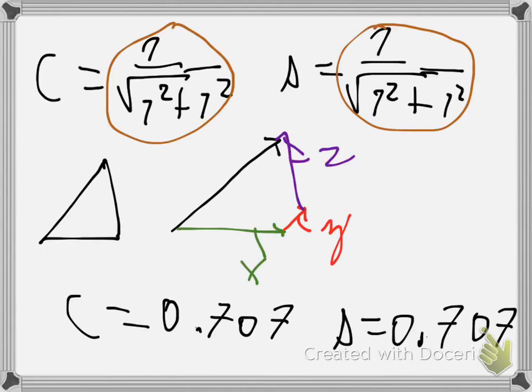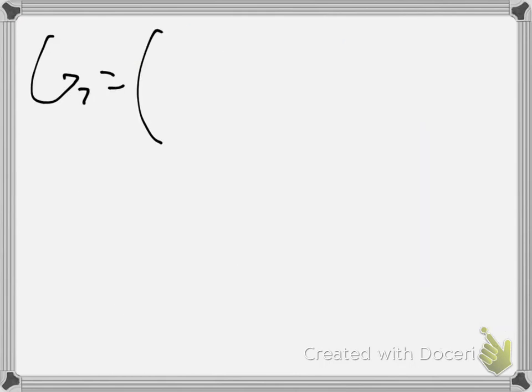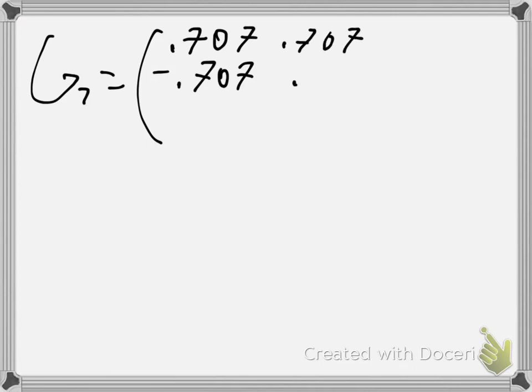So let's construct our first given rotation matrix. It will be 0.707, minus 0.707, 0.707, 0, 0, 0. I don't write the 0 before the point because otherwise it takes too much space. We could write it, of course, doesn't matter.